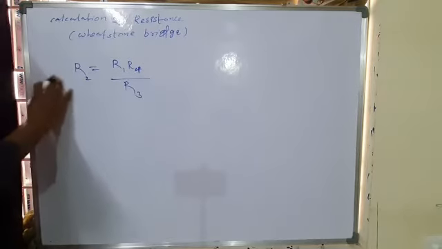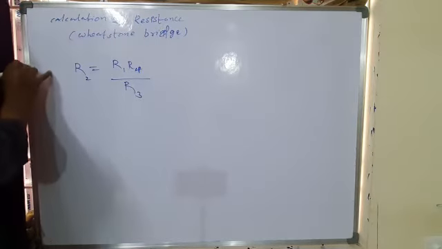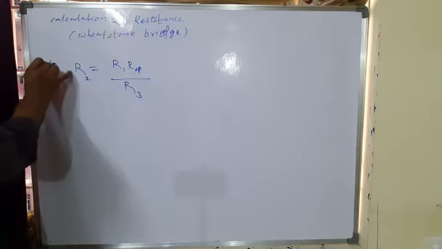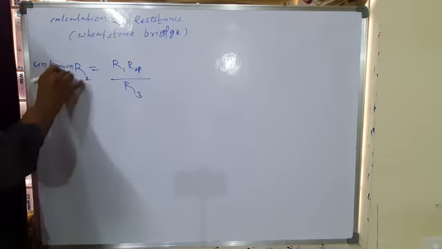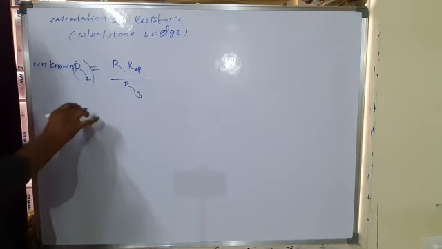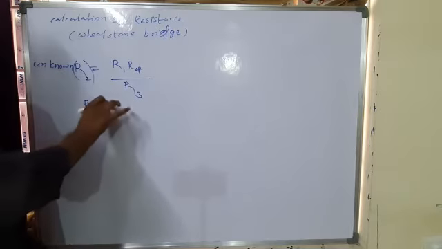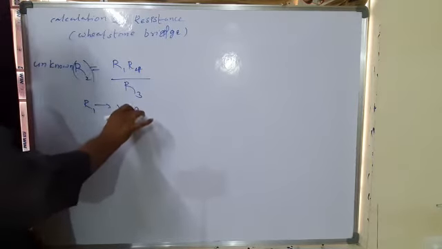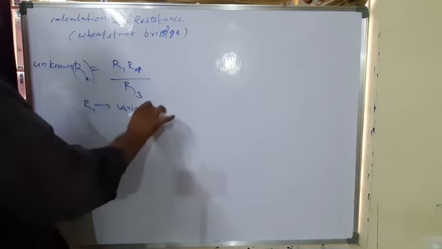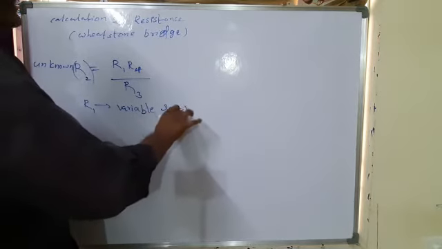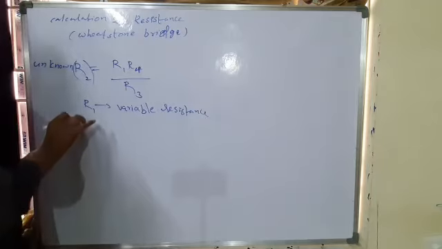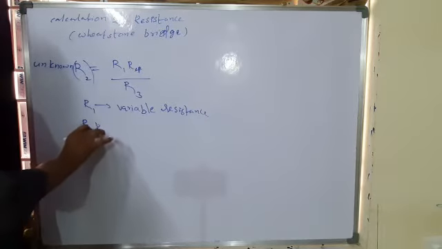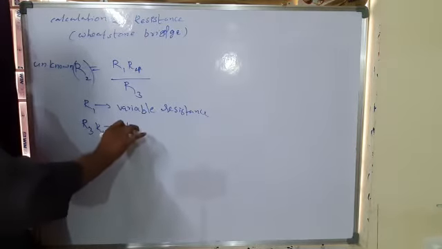R2 is the unknown resistance, R1 is the variable resistance, and R3 and R4 are known resistances.